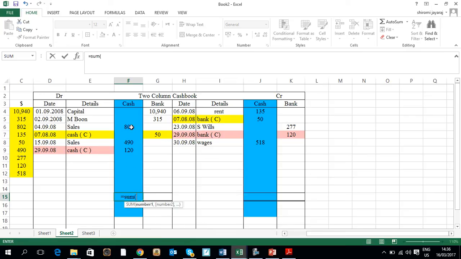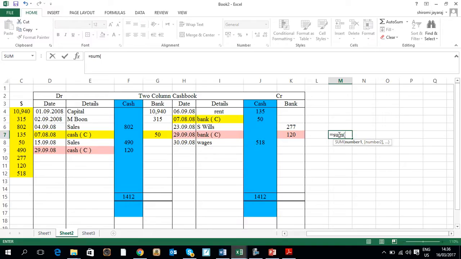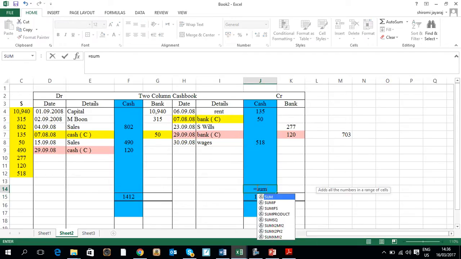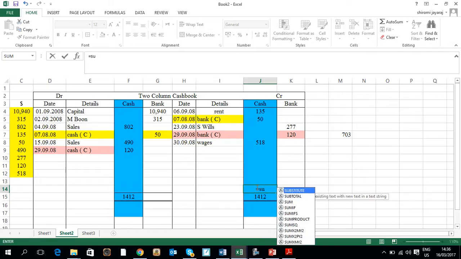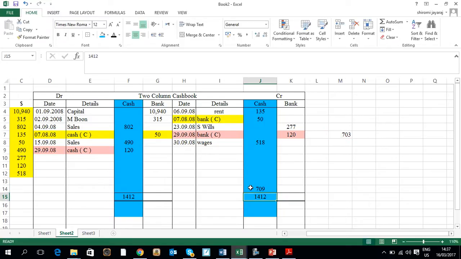Total of 802, 490 and 120, which gives 1412. From that we find the difference between these three. The total of these three are 703. So from 1412 deduct 703, and we'll end up with the answer 709.